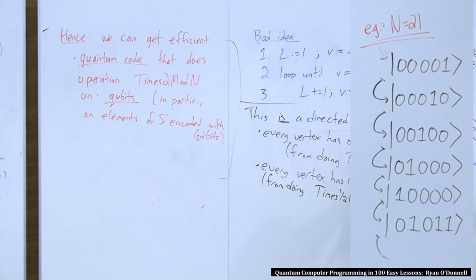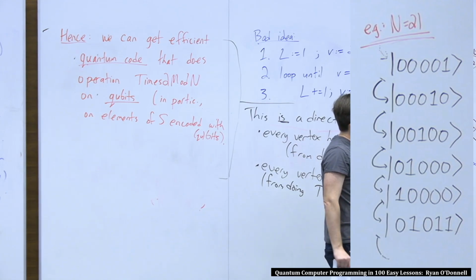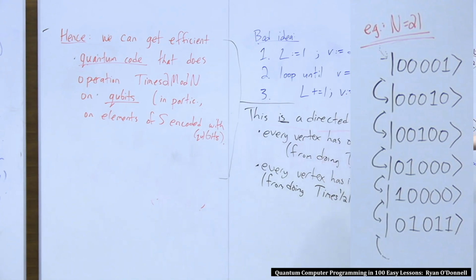So all your computations only need 5 bits. And this is a picture of this self-same circle. Because in base 2, this is like 1, 2, 4, 8, 16. 2 times 16 is 32, which is 11 mod 21. And this is 11. And then we double this again, we get 22, which is 1 mod 21.